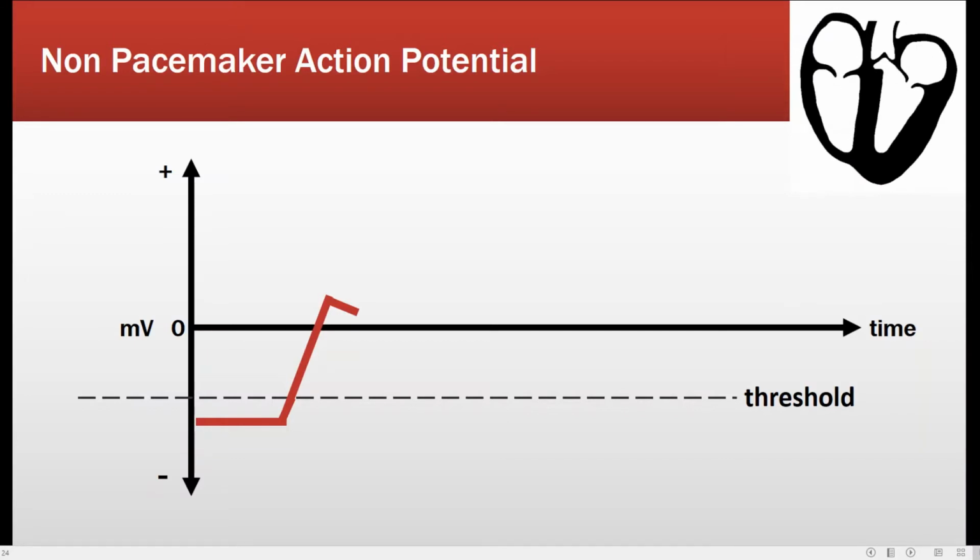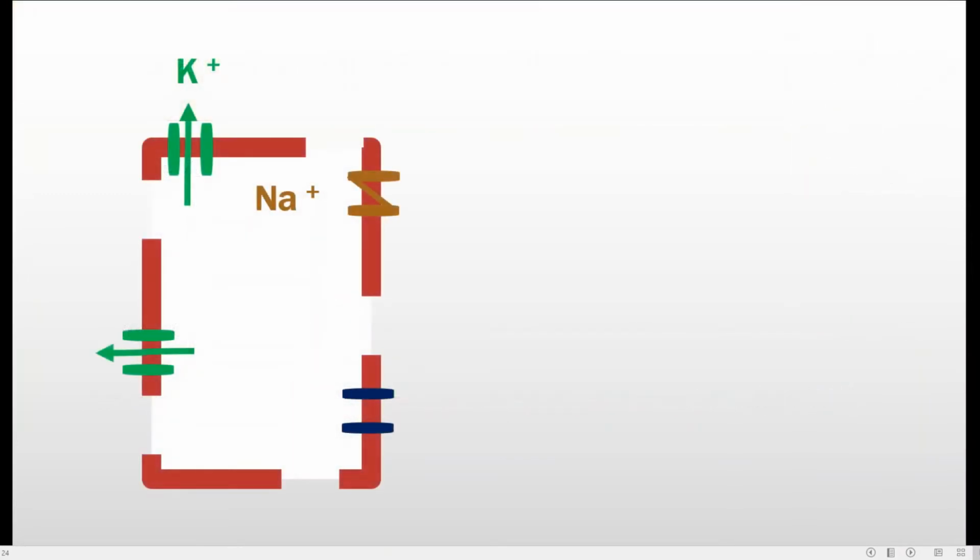After some time, you will open another gate. This ion channel is your calcium gated ion channel. You have more calcium going inside your cell, and you're also leaking out more potassium outside your cell.